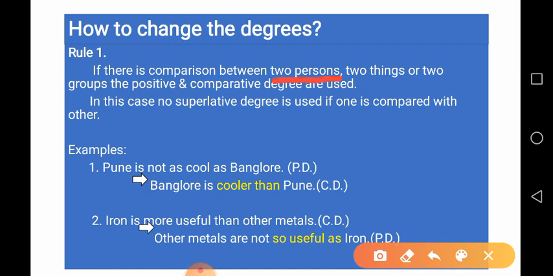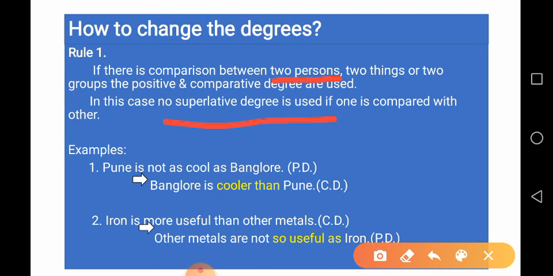In this case, no superlative degree is used. If two objects are compared, we do not use superlative degree. We use only positive degree and comparative degree when there is a comparison between two. Okay? So, here we have some examples that can give you more clarity.